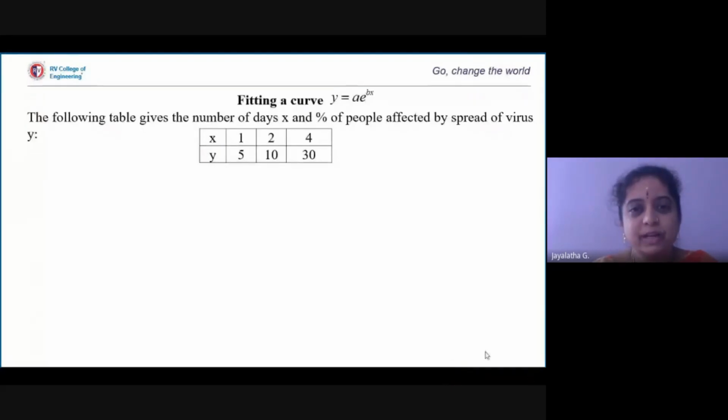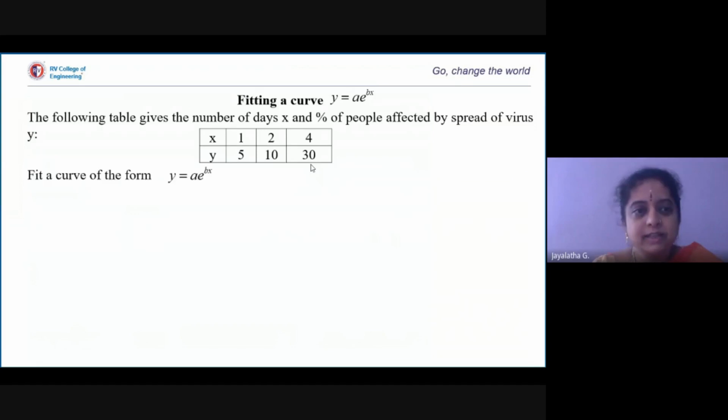On the first day it was 5 people affected, second day it was 10, fourth day it was around 30 people. I've taken a small data set just to make you understand. It's an exponential increase: from 10, suddenly it has increased to 30. That itself tells you that it's an exponential growth, right?